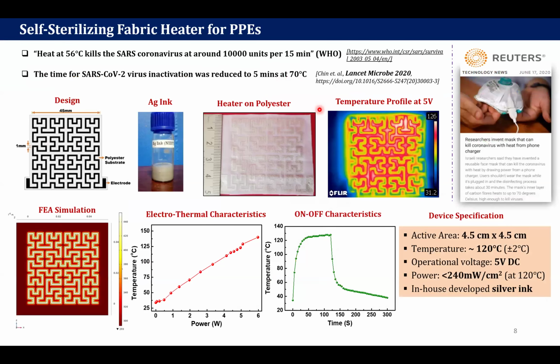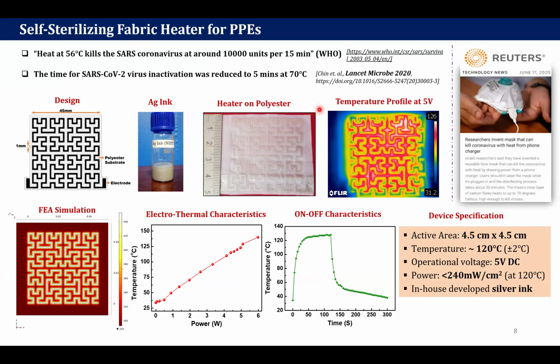Then at the time of COVID-19, utilizing our knowledge of developing various kinds of flexible and printed heaters, we developed a self-sterilizing fabric heater, basically for PPE applications. In personal protective equipment, the motivation behind this study was a report on the World Health Organization's website stating that heat at 56 degrees can kill SARS coronavirus at a rate of around 10,000 units per 15 minutes.